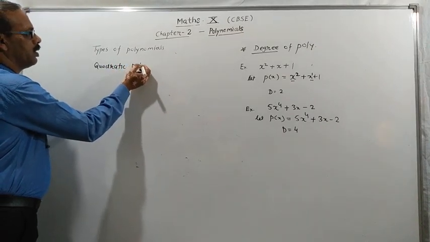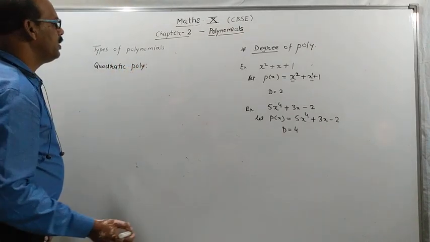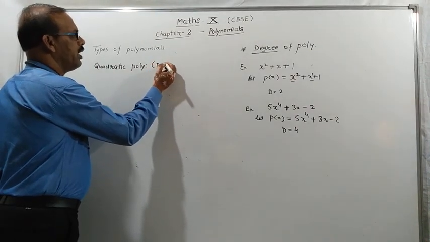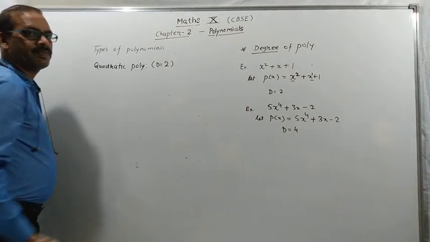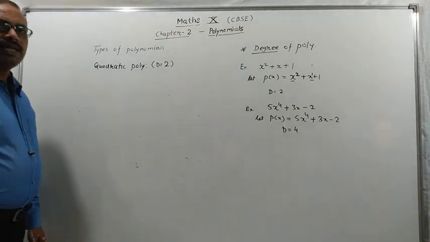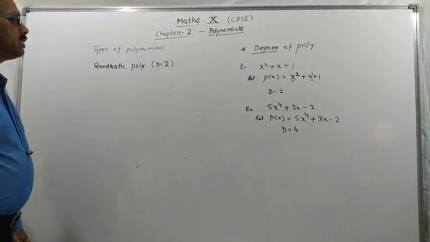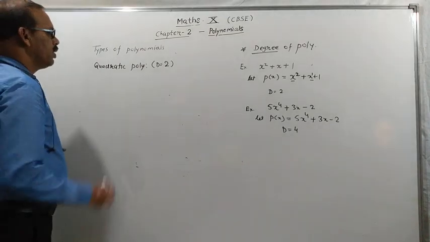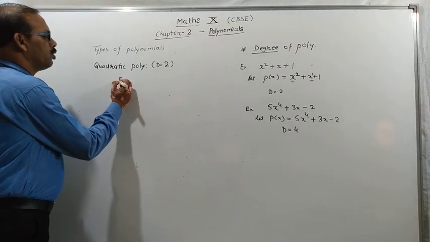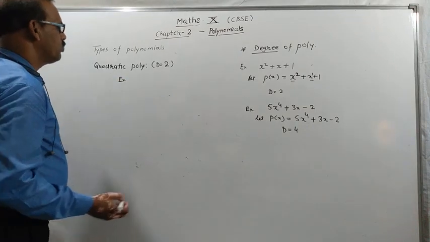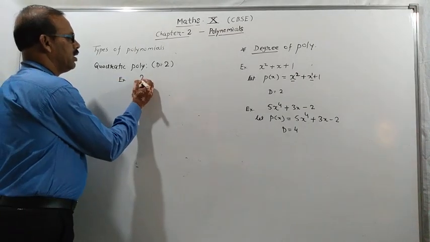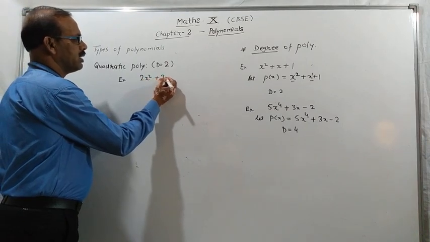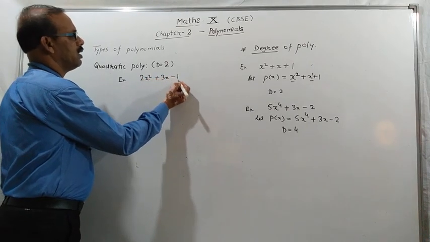Now, in this quadratic polynomial, if the degree of any polynomial is 2, then such a polynomial is called a quadratic polynomial. We take the example of a quadratic polynomial as the first one, 2x square plus 3x minus 1.